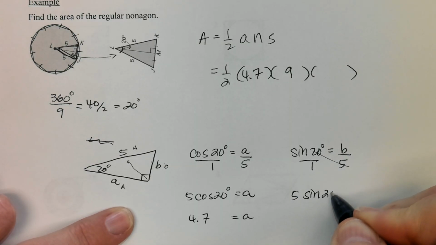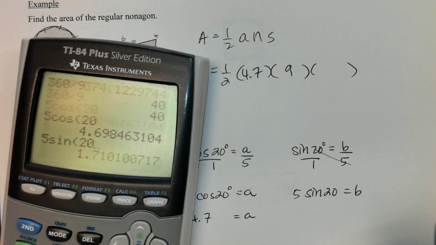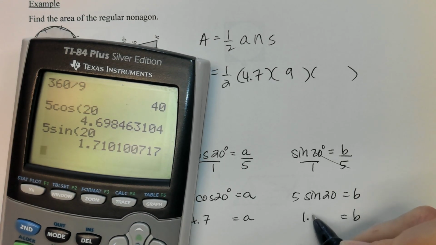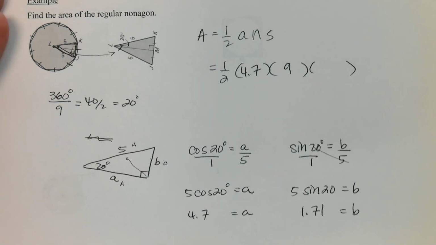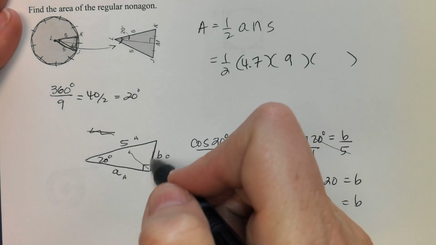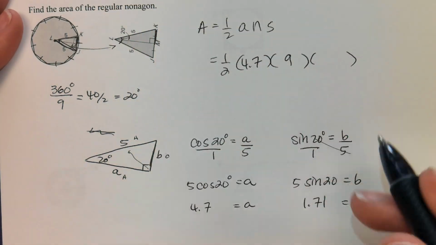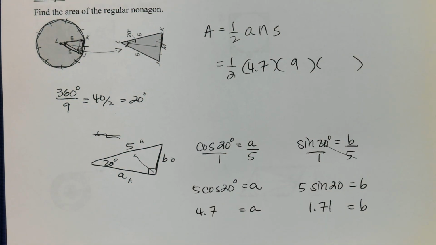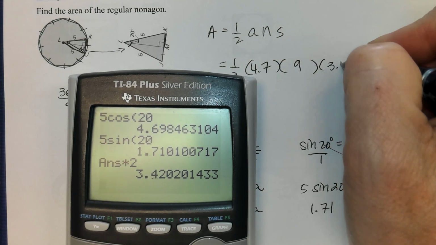So 5 sine 20 equals B. So it looks like B is 1.71. What most students forget is that this is only half of your side length. So when we find this, we actually have to double it. So I'm going to times it by 2. And my side length is 3.42.